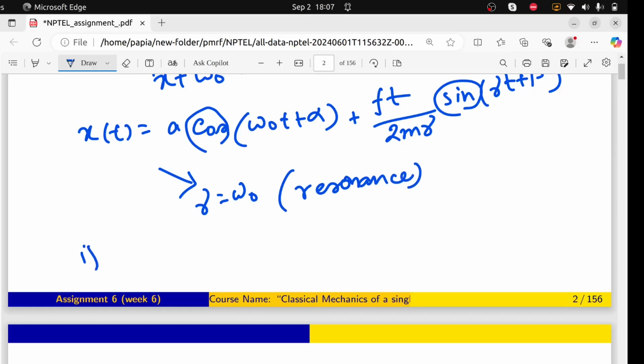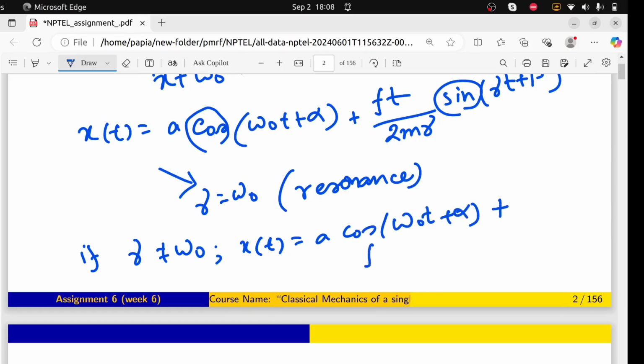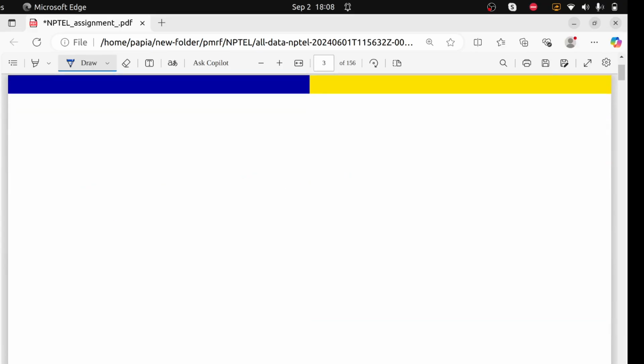If gamma is not equal to omega 0, then x of t is a cos(omega 0 t plus alpha) plus f by m times (omega 0 square minus gamma square) times cos(gamma t plus beta). We have already calculated these solutions.